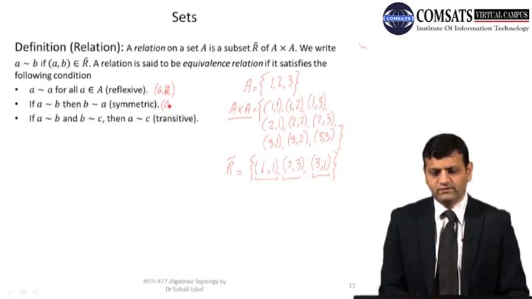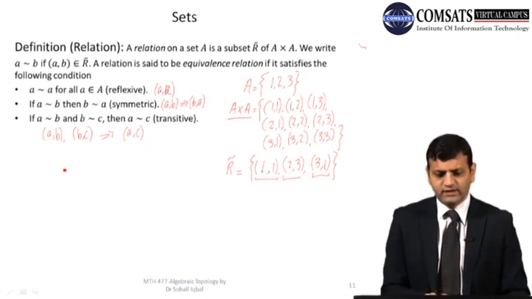In other words, if (a, b) belongs to the relation, then this implies (b, a) is also an element of the relation. Similarly, if (a, b) belongs to the relation and (b, c) belongs to the relation, then this implies (a, c) also belongs to the relation. So if a relation satisfies these properties, then it is an equivalence relation.